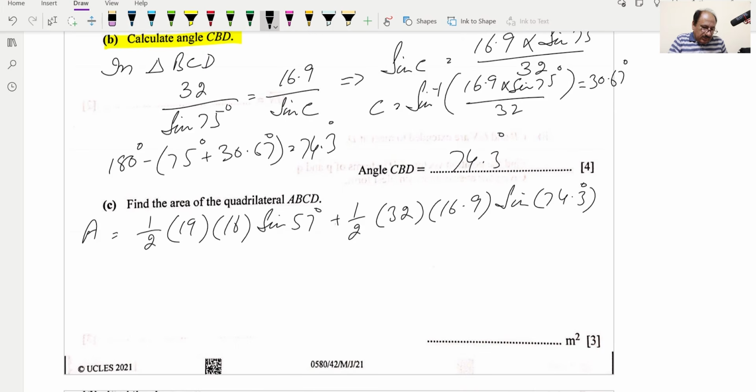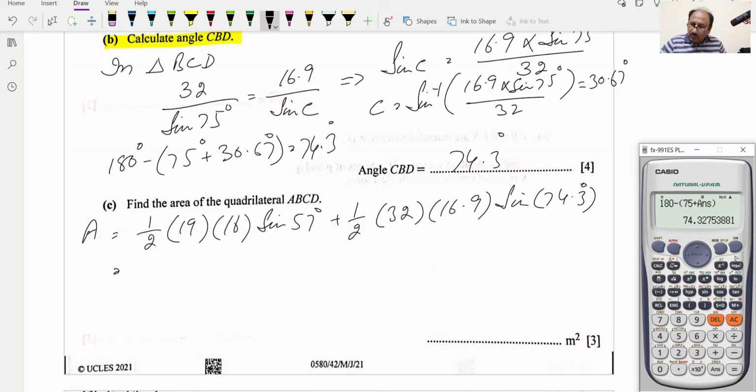Now we can use the calculator for this. So this will be 0.5 for the half into 19 into 16, multiplied by sine of 57 degrees, and this will be equal to 127.477.